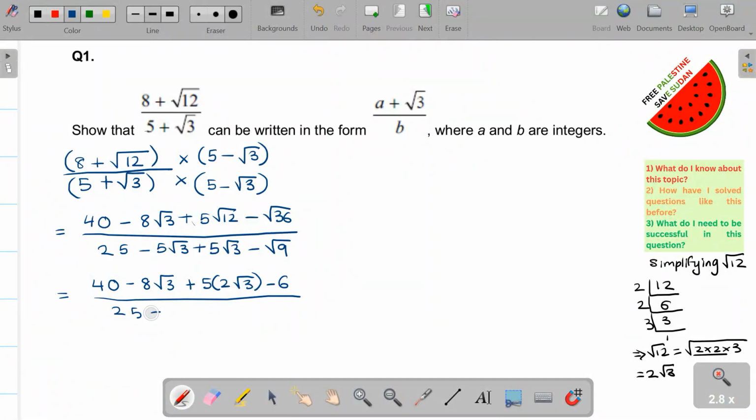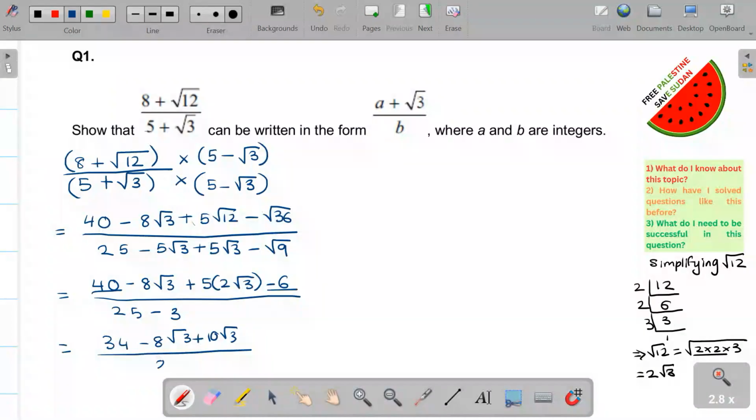Minus the root of 9, which is minus 3. Now I'm going to simplify my numerator further. 40 minus 6 gives me 34. And then minus 8 root 3 plus 10 root 3 will give me 2 root 3.